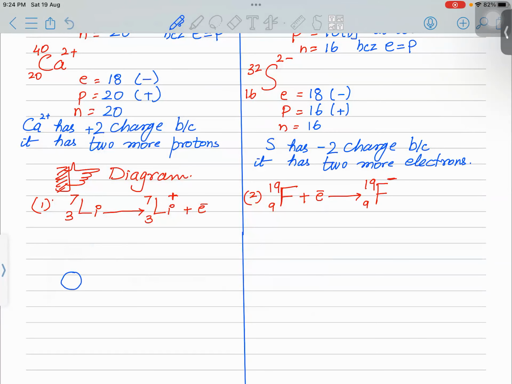This is first shell and this is second shell.